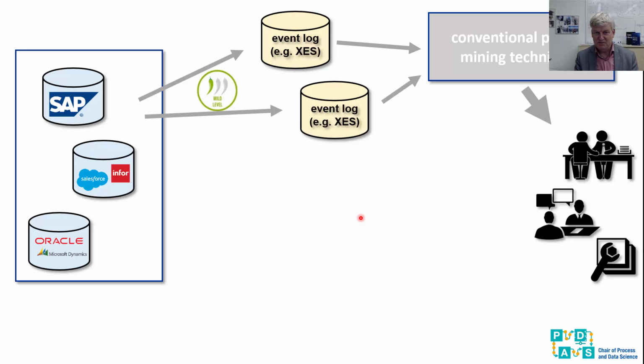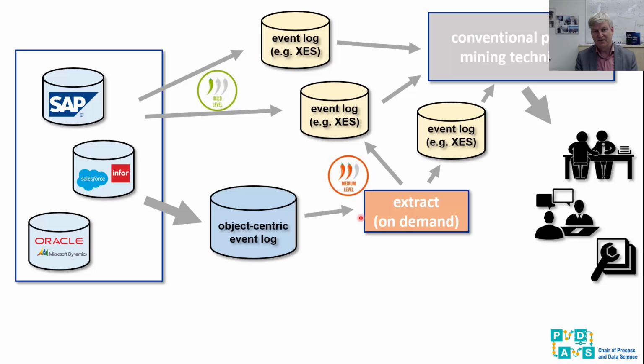That is time consuming and may also lead to confusion, because how this is exactly extracted also influences, for example, the frequencies and the times that you see in the diagram.